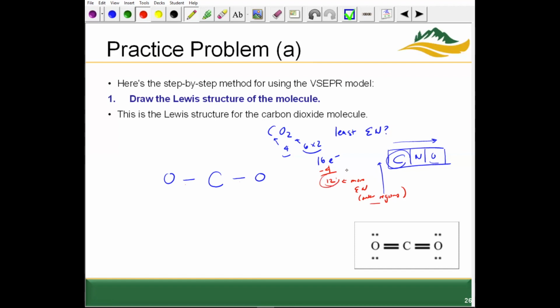So with 12 here, we might do 1, 2, 3, 4, 5, 6, 7, 8, 9, 10, 11, 12. We've used up all valence electrons, but it's pretty clear that this middle carbon doesn't have a complete octet. So 1, 2, 3, 4, we need 4 more electrons around that carbon.